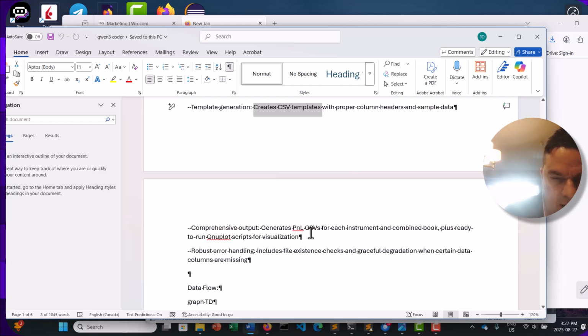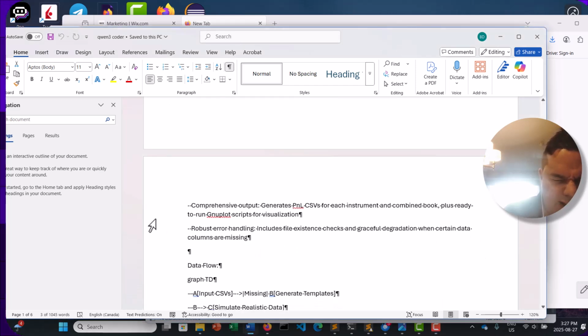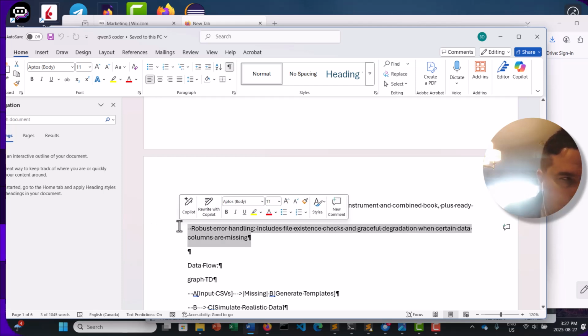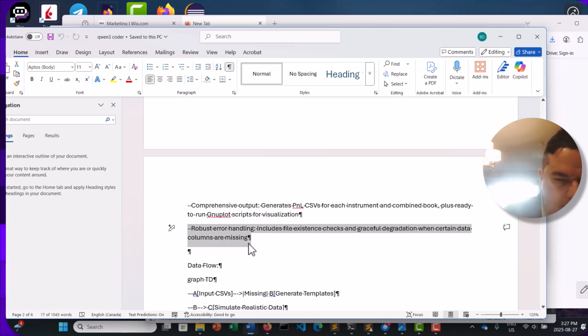Comprehensive P&L CSV generation for each instrument plus the combined book, plus ready-to-run plot scripts for visualization as well. Robust error handling, file existence checks, and graceful degradation when certain data columns are missing. That's part of the feature set that the LLM is using.